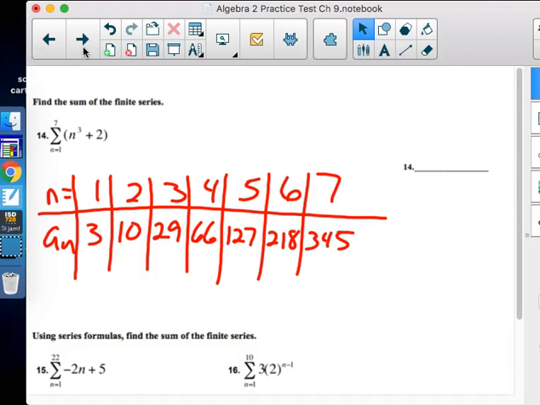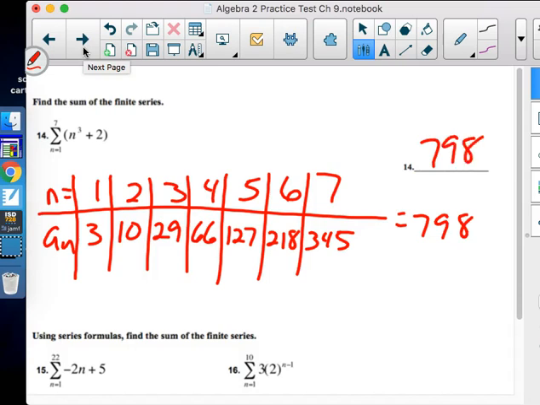I'm going to have to add them all up, because that's what sigma means. Sigma means find the sum. 798. Check my math. Those of you that punched it in, you get 798.